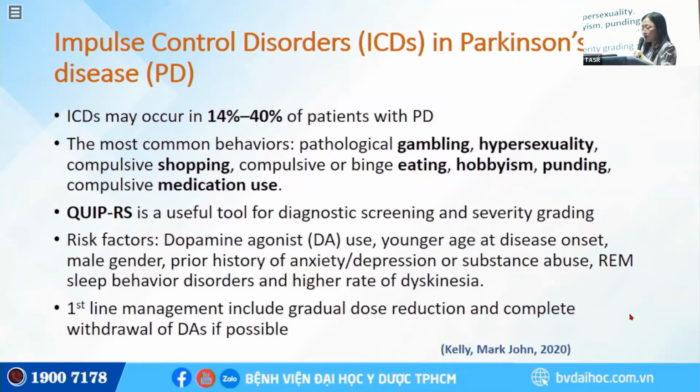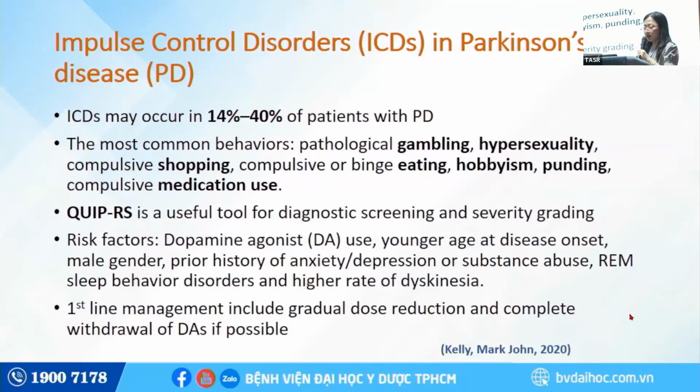QUIP-RS is useful for diagnosis, screening, and severity grading. The widely accepted risk factors include dopamine agonist use, younger age at disease onset, male gender, and prior history of anxiety or depression, substance use, REM sleep behavior disorder, or higher rates of dyskinesia. The patient in this case had many of the risk factors.